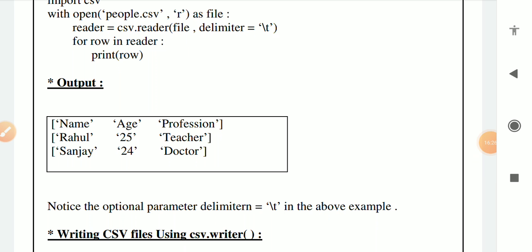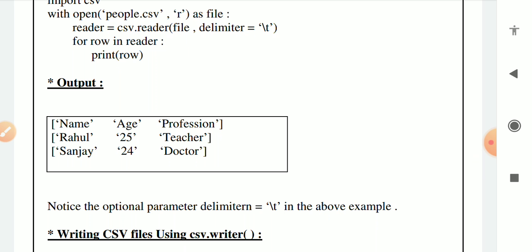Notice that the optional parameter, the delimiter, is backslash t in the above example. So the above with statement will automatically close the file after the nested block of code.